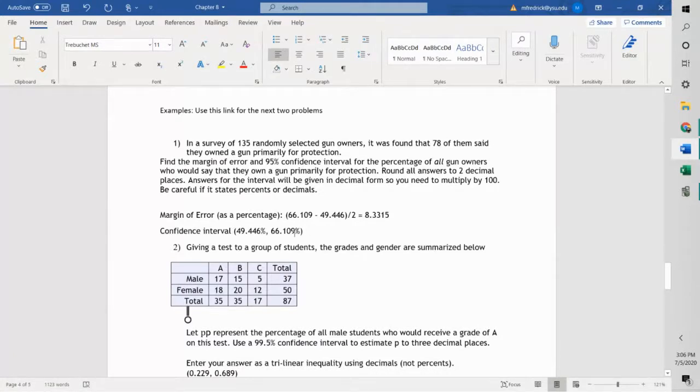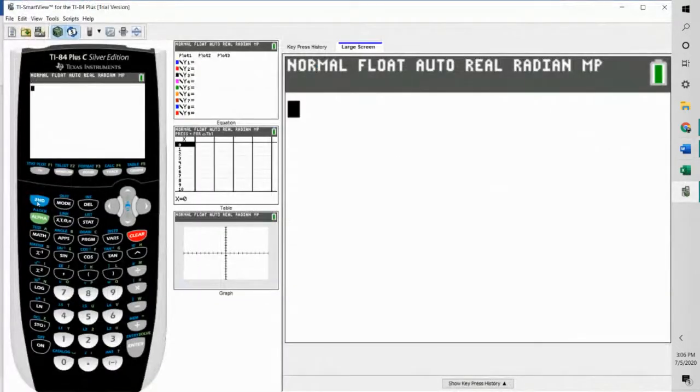Now to find this confidence interval using the calculator, let's see, 135 and 78. We go to calculator, and this one was a proportion.